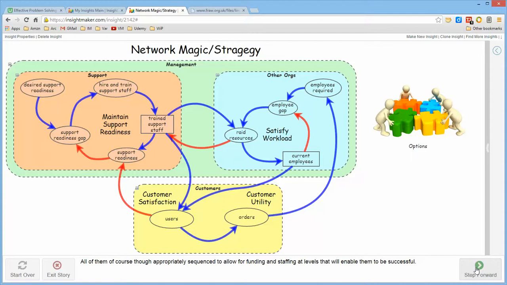So maybe what's appropriate is for the organization to say, all right, other organizations can't hire from support for the next 2 months while support hires more people than they need and trains them. And after that, we will lift the ban. And as soon as we begin to get that in place, support is also hiring additional people so that they can begin work on the knowledge base so that the customers can access the knowledge base. And once we begin to get the knowledge base up and running, we will integrate the customer into the support function.